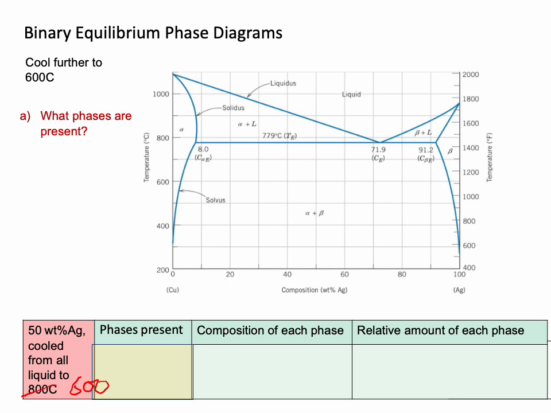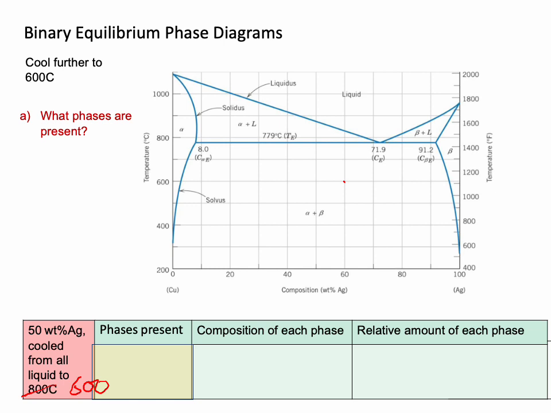And I think I just did that. But I'm going to put a pause here just to make sure. Okay, I don't think I had gotten to the 600 point here. If I had, I apologize for repeating myself. But we're at the 50% silver alloy, and now we're cooling to 600 degrees right here.